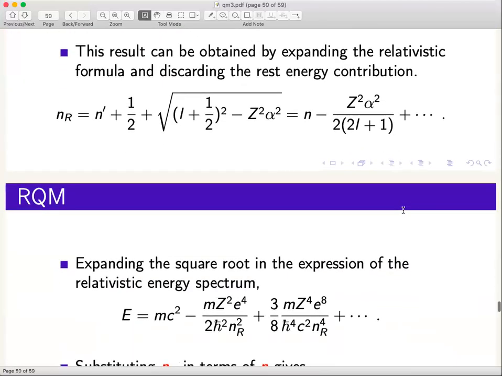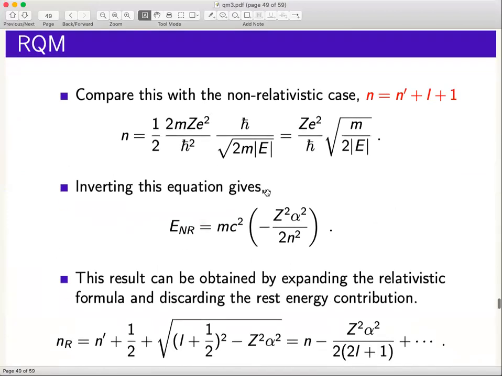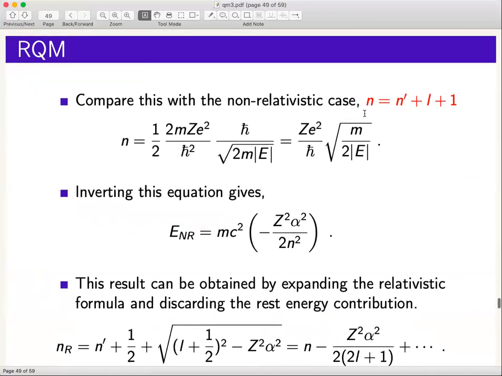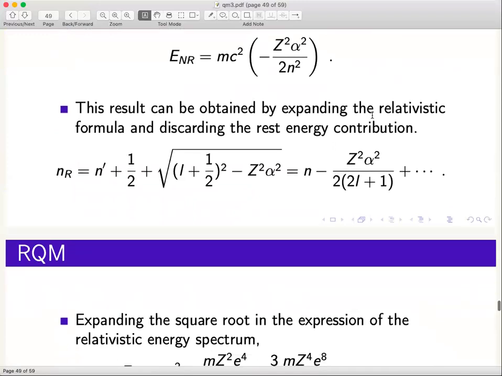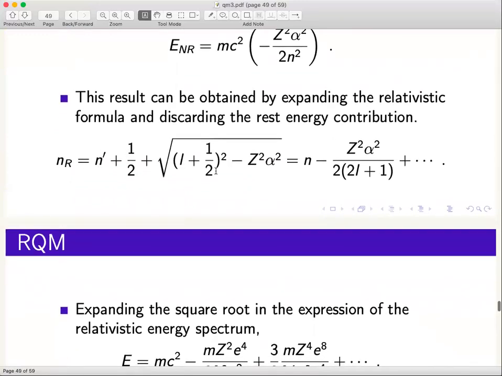You call that n, the principal quantum number of the non-relativistic problem. Then you have 1 minus Z squared alpha squared divided by L plus half squared, inside the square root. You expand that term, and the first term in the expansion of the square root is this expression.